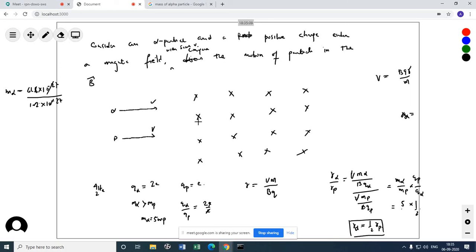Wait a minute. Cross going in. No, not coming out, they're going up. So that means this one will be a dot cross and will come out this way.